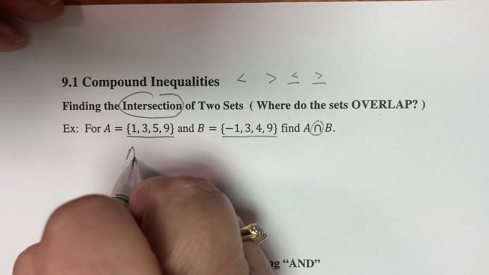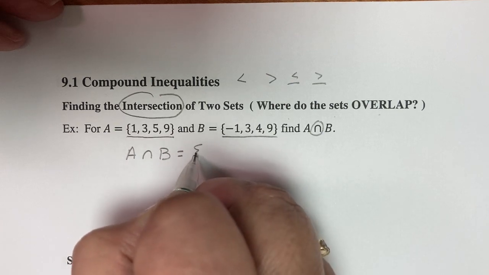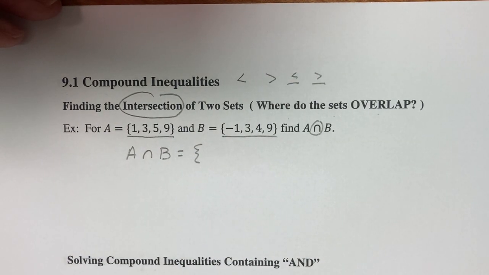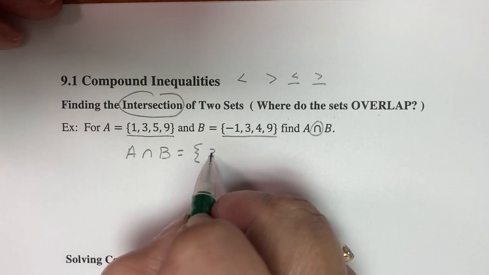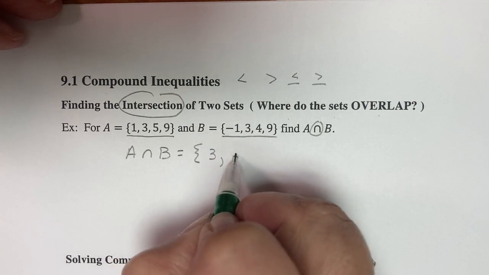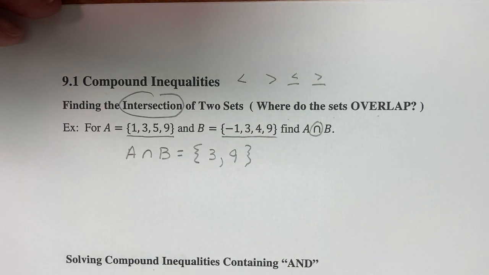So if I want to take A intersect B, that means I want to know what values they have in common, or where they overlap. And you can see they overlap in the values of 3 and 9. That is the intersection.